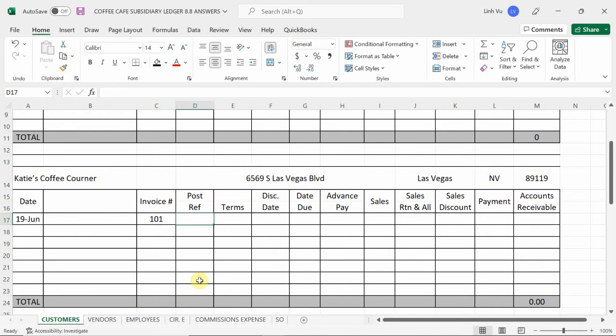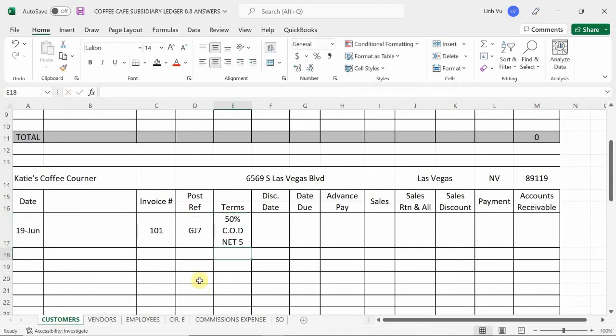Journal number 7. Terms 50%, net 5. Due date is on the 24th.